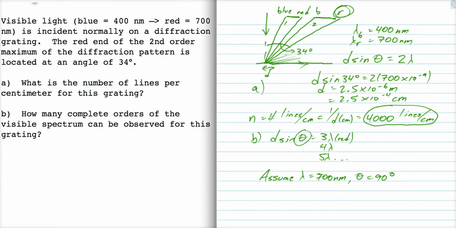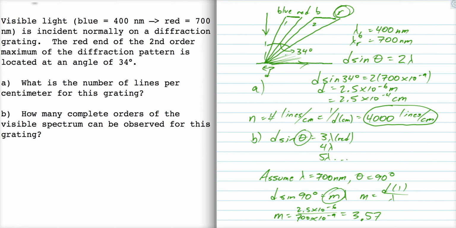We set d sine 90 equal to m lambda and solve for m. So m is d times 1, because sine 90 is 1, divided by lambda. So m is 2.5 times 10 to the minus 6 over 700 times 10 to the minus 9, which is 3.57.